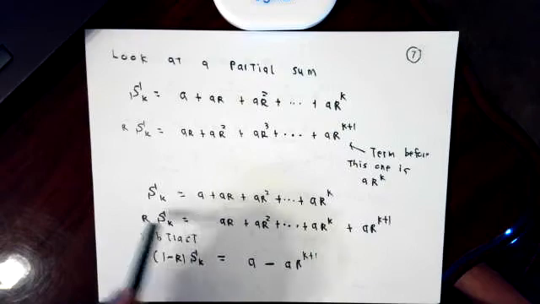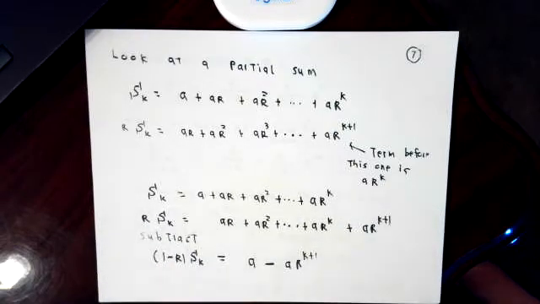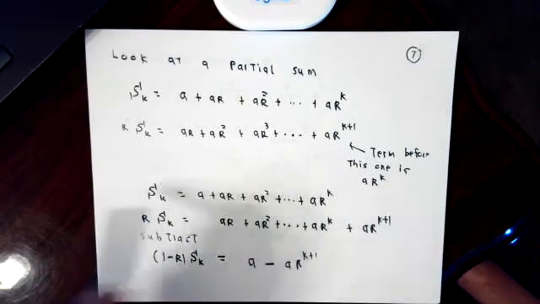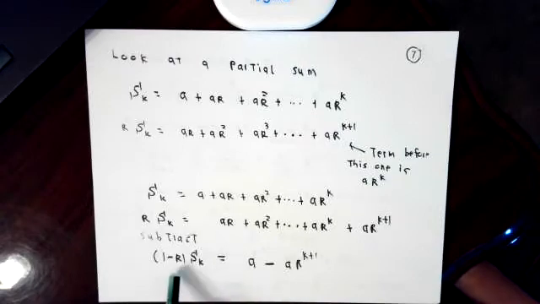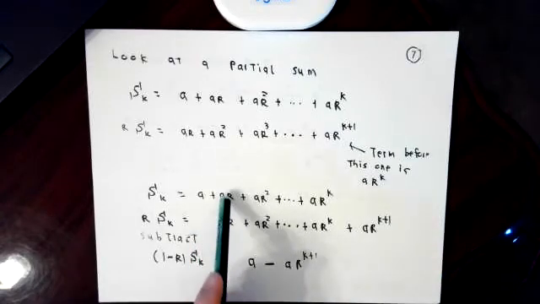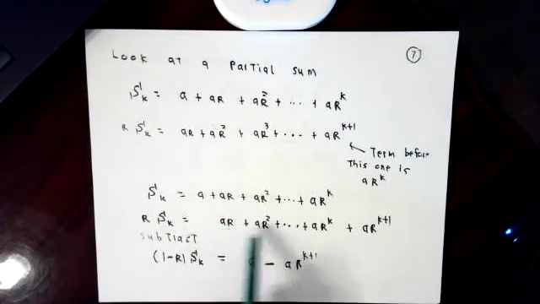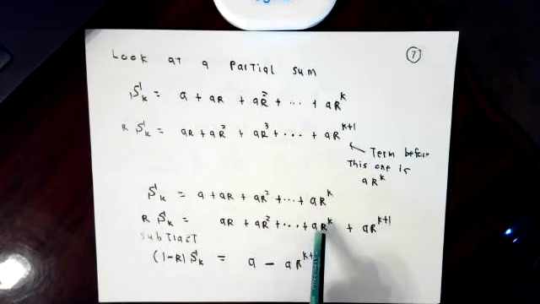I'm going to take this second line and subtract it away from this first one. I'll have S sub K minus R times S sub K, which is 1 minus R times S sub K. The A times R's cancel out. The A times R squares cancel out. The A times R to the K's cancel out.